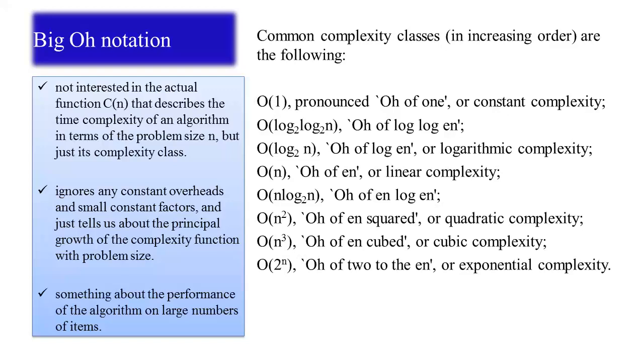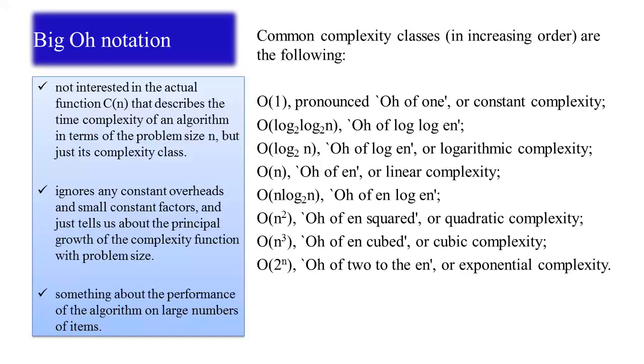Then O of n, O of n log n, O of n squared, O of n cube, O of 2 to the n. That is how we pronounce them. As you can see, they are increasing in order, where O of 1 is the lowest and O of 2 to the n, which is exponential complexity, is the highest. So this is about the various complexity classes that we are getting introduced to.